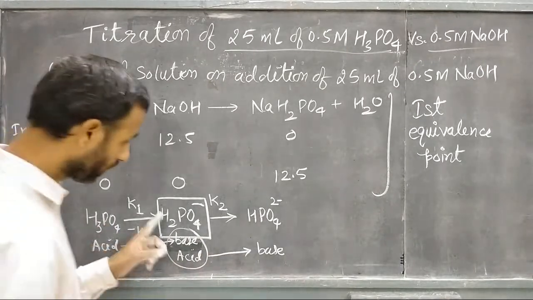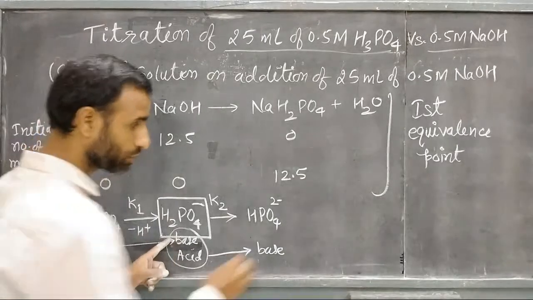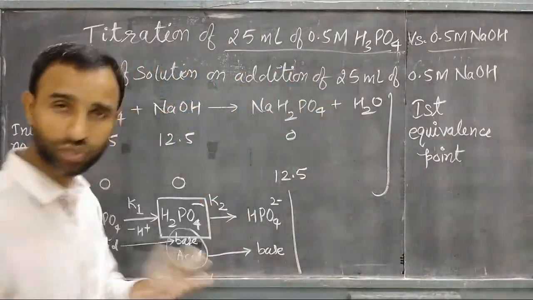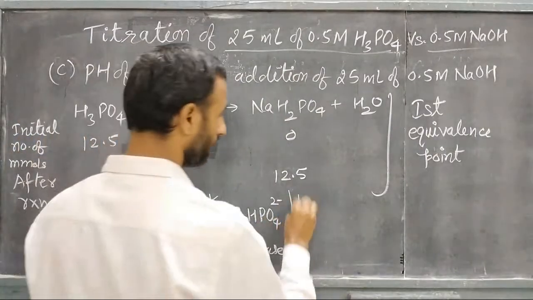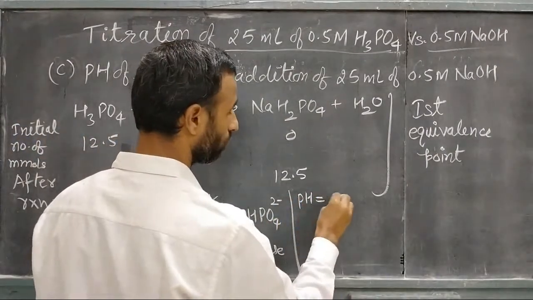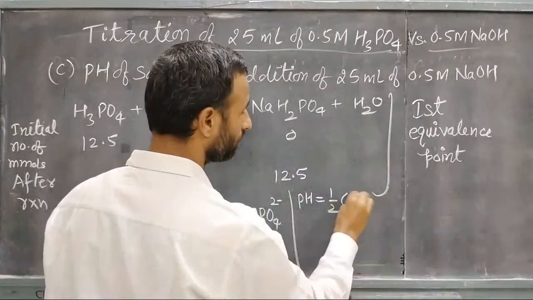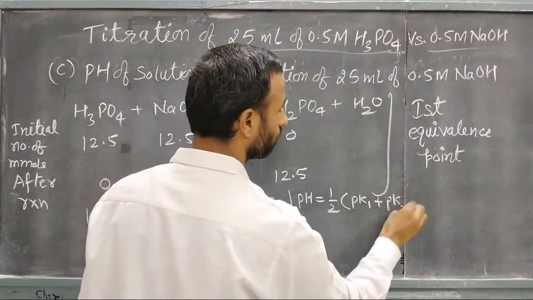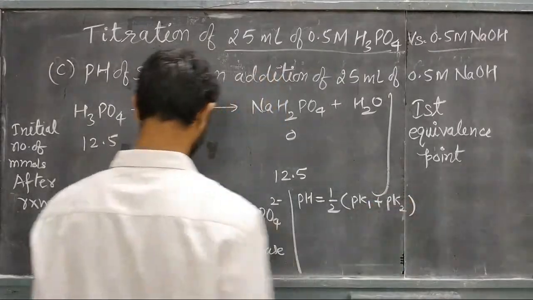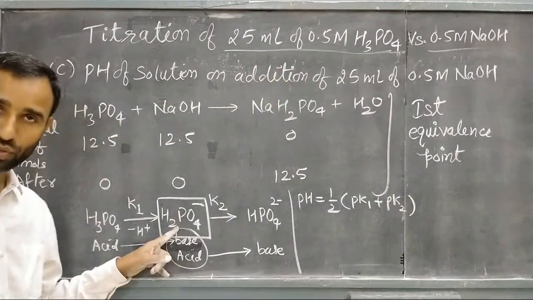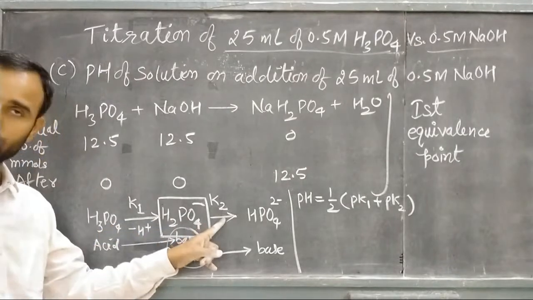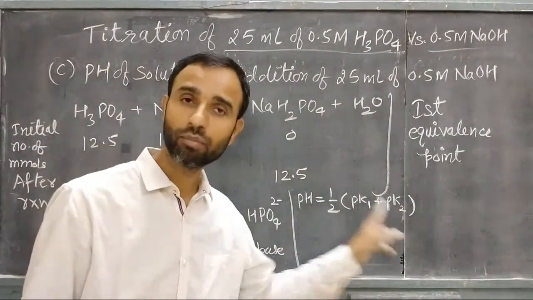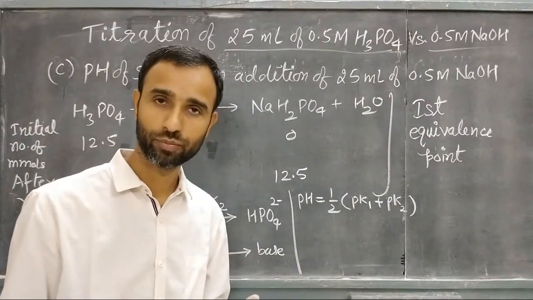Okay. So for this type of species, pH is independent of its concentration, and pH is equal to half of pK1 plus pK2. For H2PO4 negative, K1 and K2. So pH is half of pK1 plus pK2.